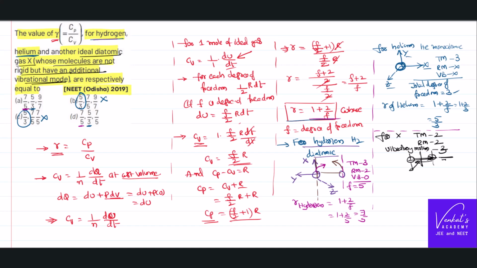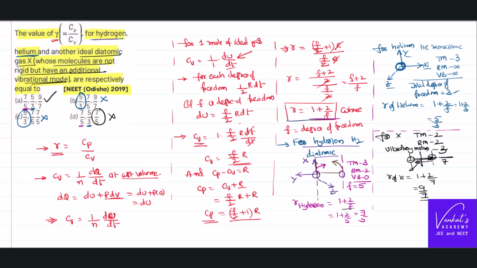So together they have degrees of freedom of 7. Then gamma of X becomes 1 plus 2 by F, that is 1 plus 2 by 7, that is 9 by 7. So 9 by 7 is available here. That's the right option. Here 7 by 5 is there, that is wrong. Right? The answer for the problem is this.